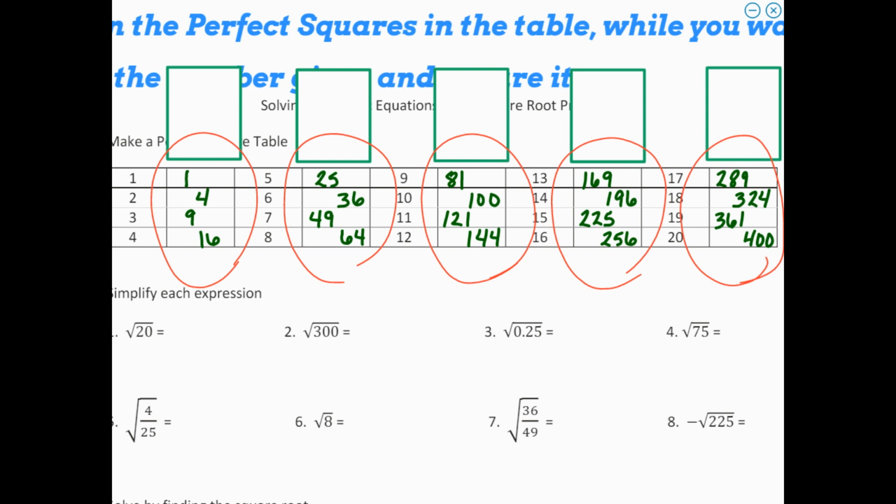So perfect squares go on for infinity. Most of the time when we're dealing with perfect squares, we're going to be dealing with these smaller perfect squares. So this top part should be a review.